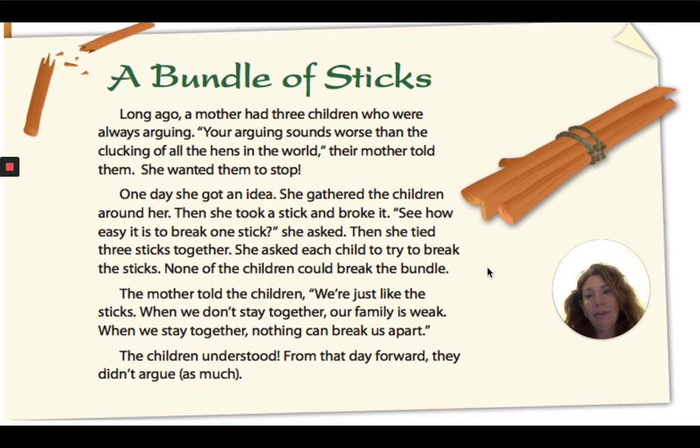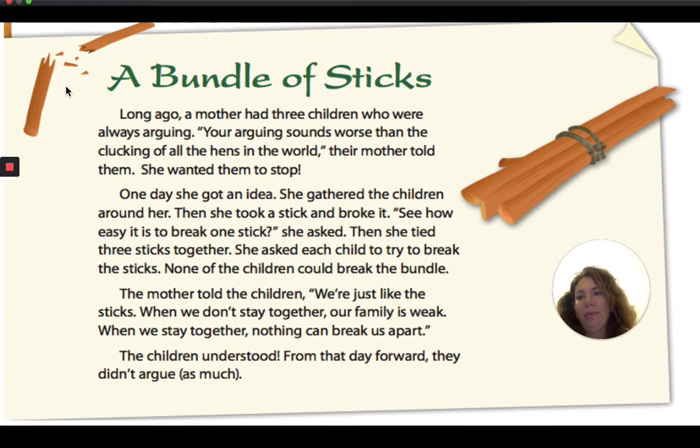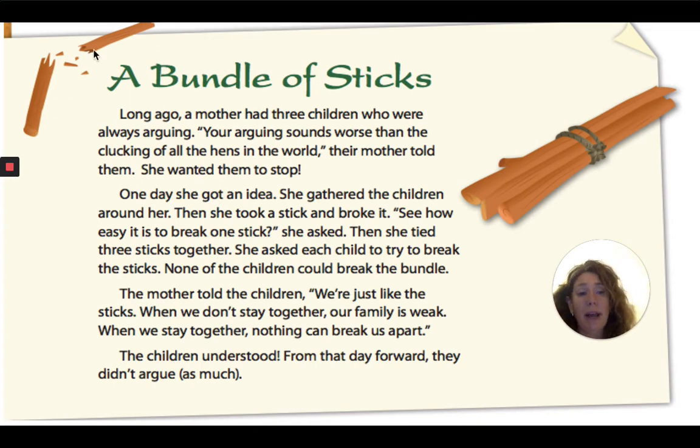All right, so our first story here, A Bundle of Sticks, is the title. Well, if I look at the title, because that's always the first thing I do, I think about what is a bundle of sticks? And I see that there's a picture, and one picture is of one stick and it's broken in half, and then it looks like 1, 2, 3 sticks here, and they're tied together.